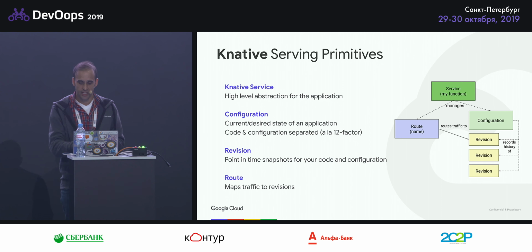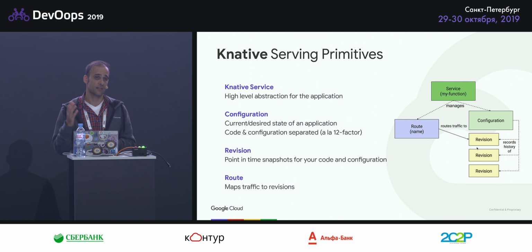Every time you change something about the configuration, let's say you want to change the environment variable, or point to a new container image, that will create a new revision and it will update the route to point to that revision. And once you have multiple revisions, you can also add rules here so that you can do things like blue-green deployments or traffic splitting. So that's what Knative serving is about.